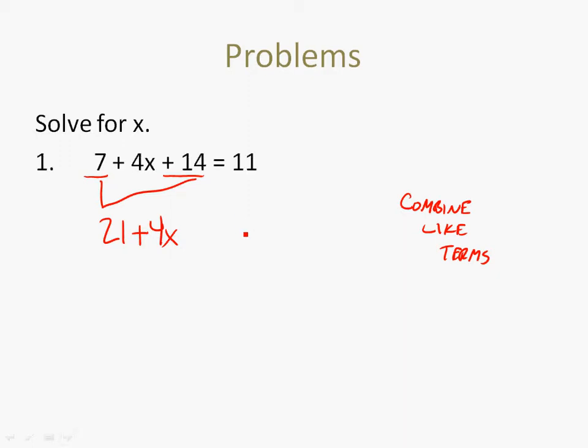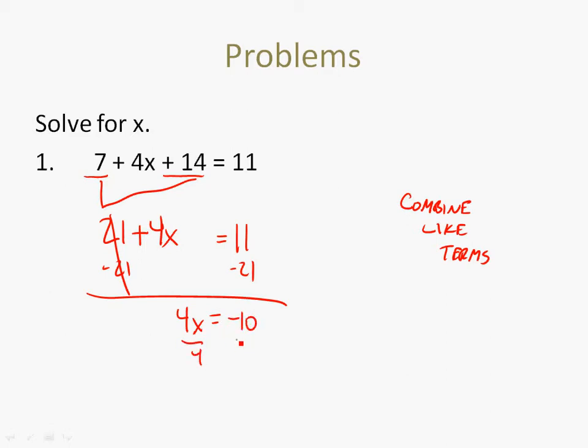So now go ahead, take your thumb off the 11. It was a positive 11, but whatever, take your thumb off it. And now it's just a little two-stepper. Minus 21, minus 21. So that goes to 0. 0 plus 4x equals negative 10.